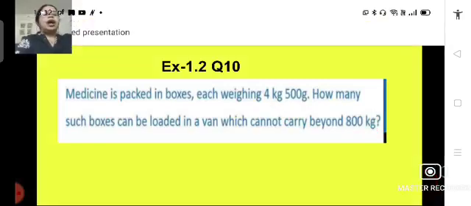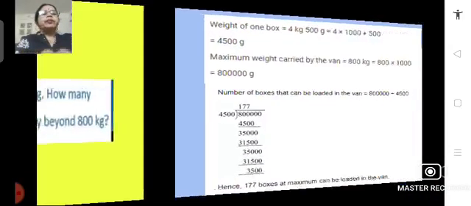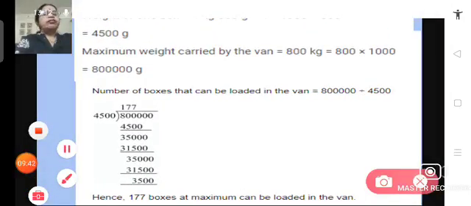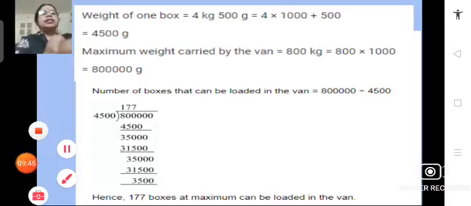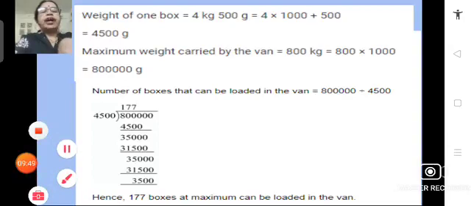Let us see how we find out the number of boxes that can be loaded in the van. The weight of one box is 4 kilograms 500 grams. That means it is 4 into 1000 plus 500, that means 4500 grams.